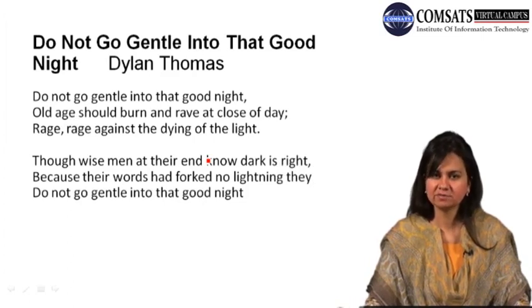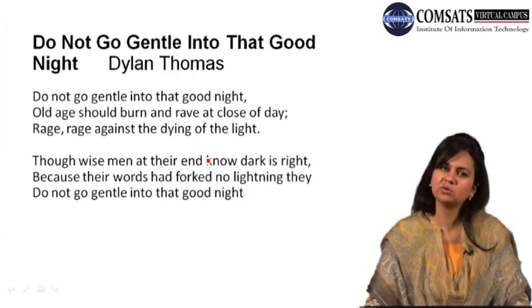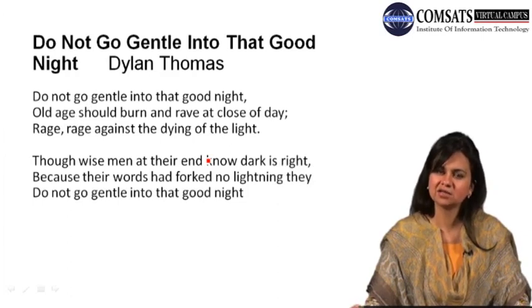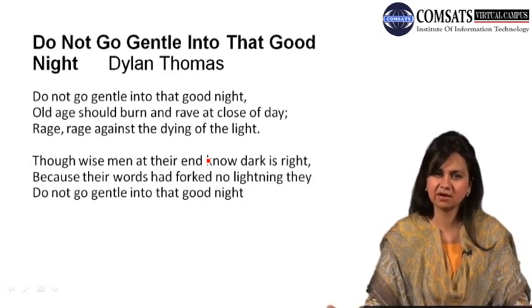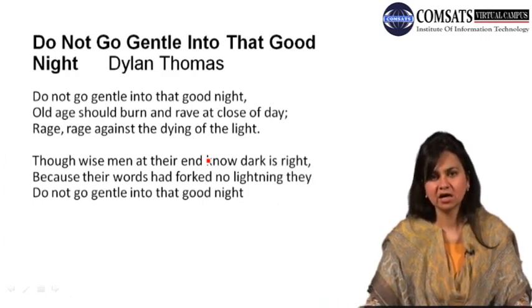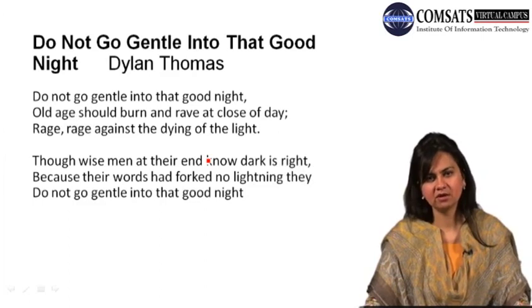So in this way the paradox becomes clear, something that we find contradictory to our view, because we know dark is wrong, as dark symbolizes corruption, something bad, ominous. But here dark is right is a contradiction or a paradox.